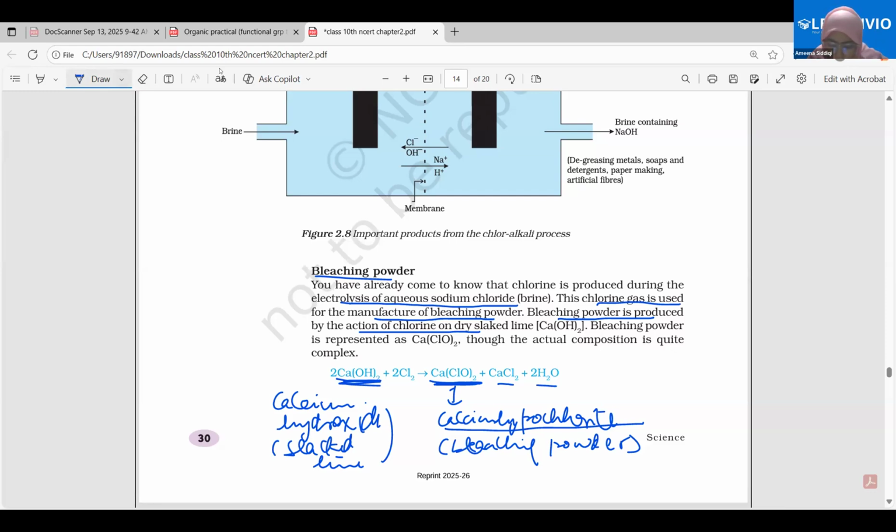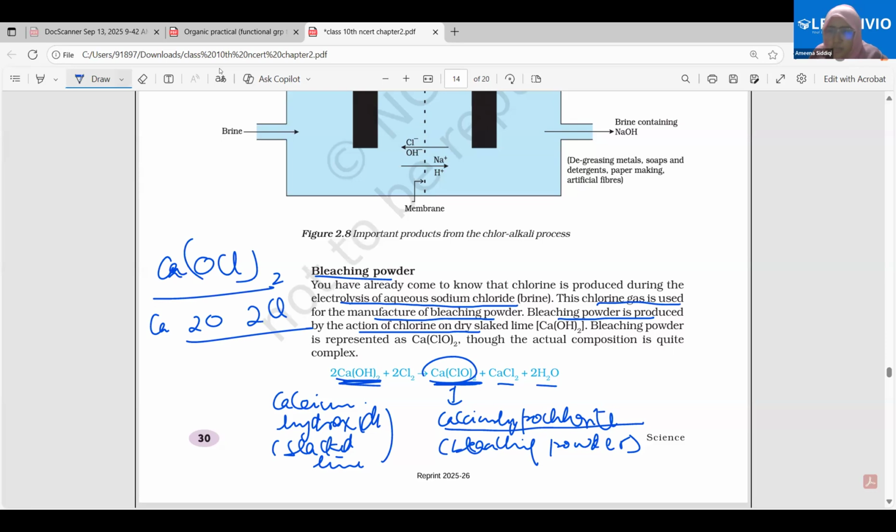Okay, OCl2 or ClO means the same thing. Ultimately, the formula will be the same. I will still say that it is CaOCl whole twice. That means I have one calcium atom, two oxygen atoms, two chlorine atoms. In this also, it is the same formula. Hypochlorite, that's it, simple.